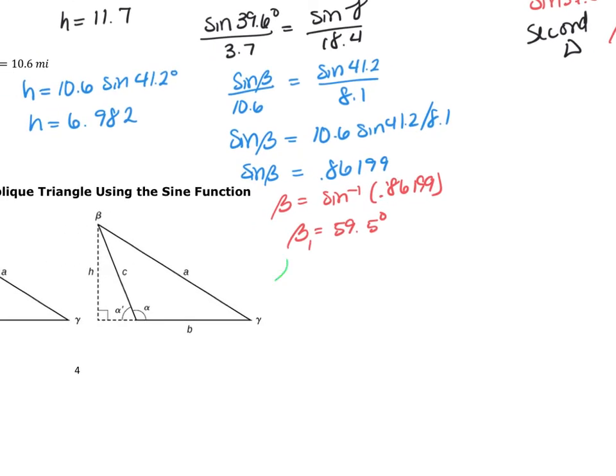Now, my gamma, I'm going to call it gamma 1, is equal to 180 minus alpha minus my beta 1. So my gamma 1 is going to be 180 minus 41.2 minus 59.5. I'm going to do this really fast on my calculator; you guys are all doing it on yours. I get 79.3 degrees.